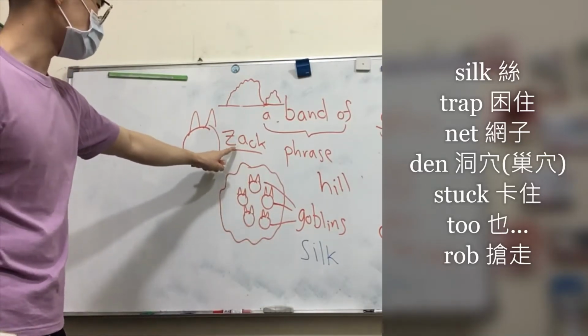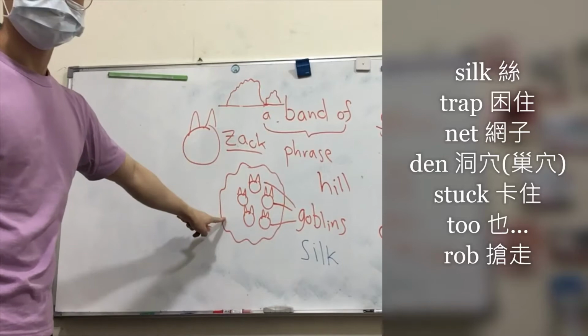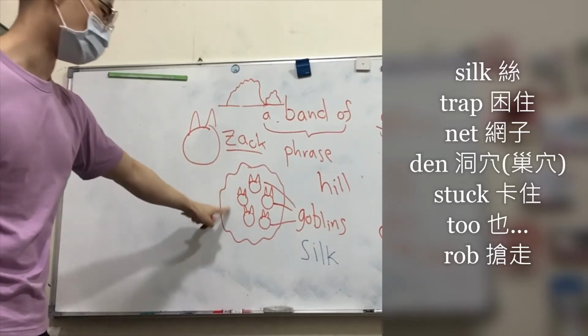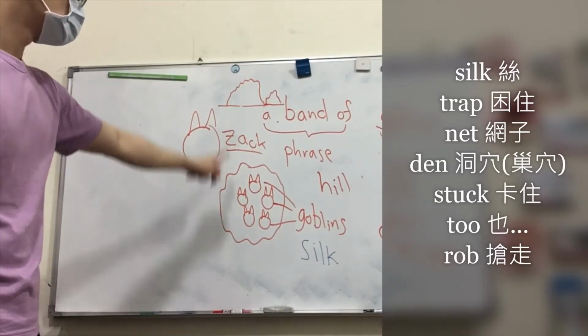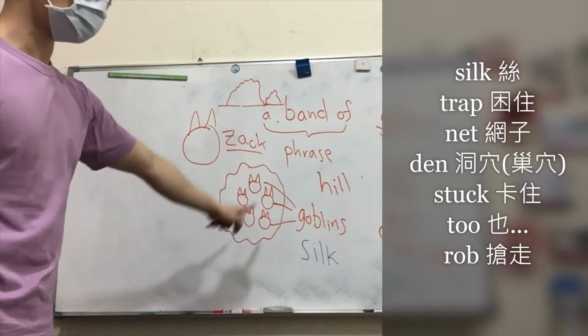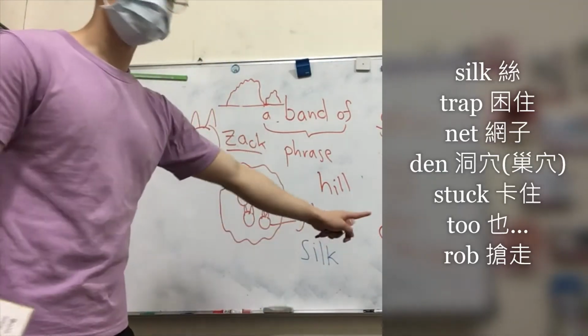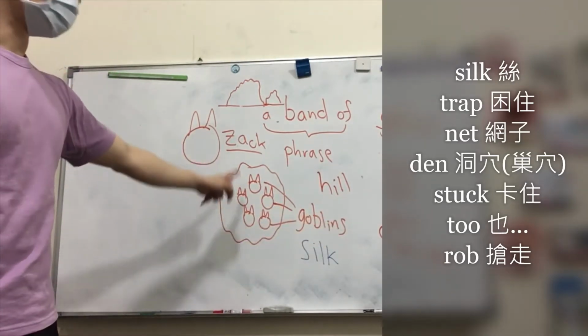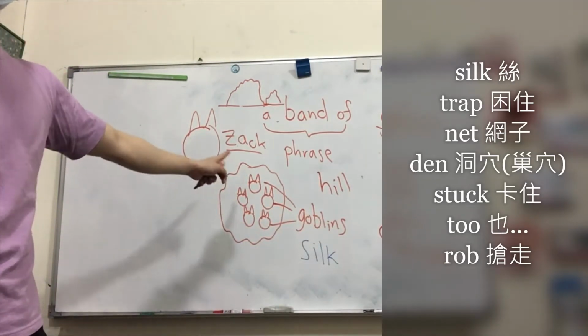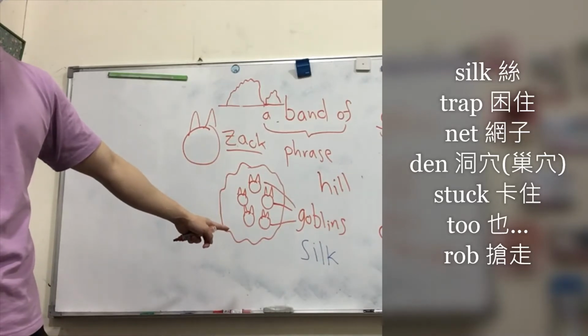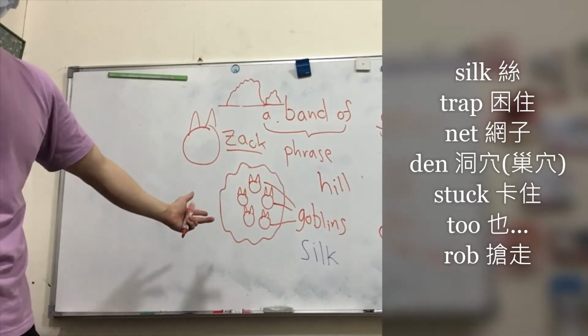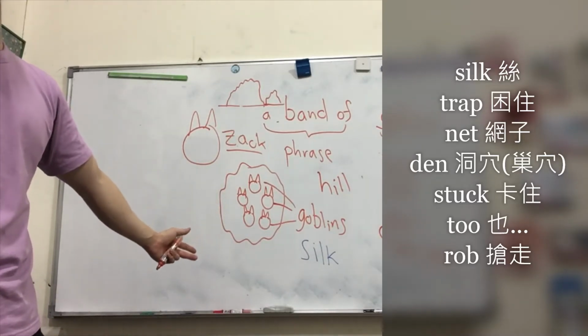Zack is the boss of the goblins. Zack is the king of the goblins. But as we know, the goblins are very bad. The goblins run around the land of Zond and steal other people's gold.